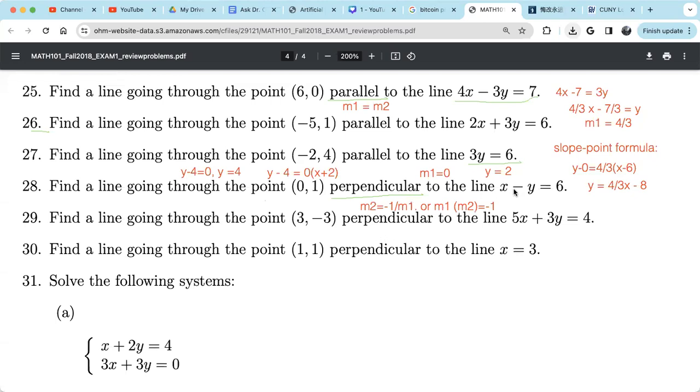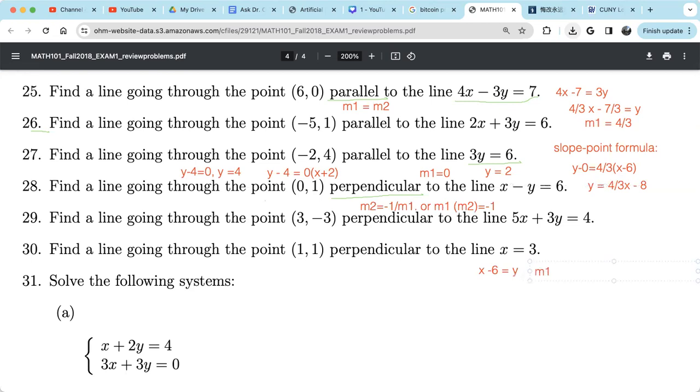So let's find the slope from the given line. Let me write it down here. So x minus y equals 6. Let's move negative y to the other side, and move 6 from the right-hand side to the left-hand side. So we get this, and the slope is obvious.